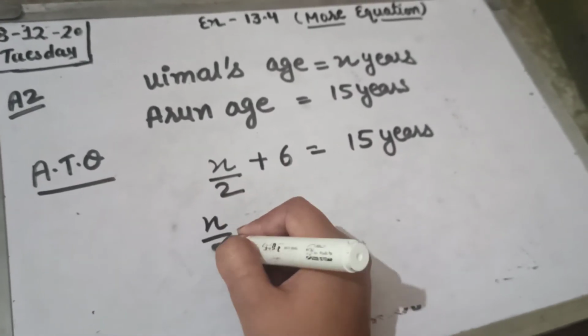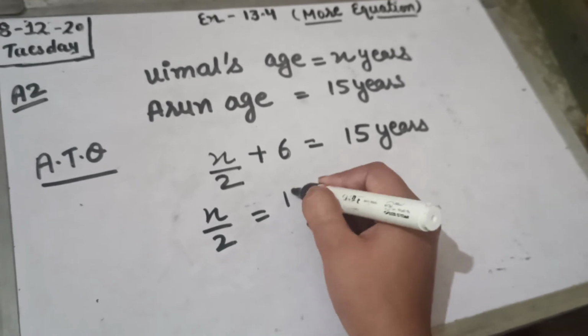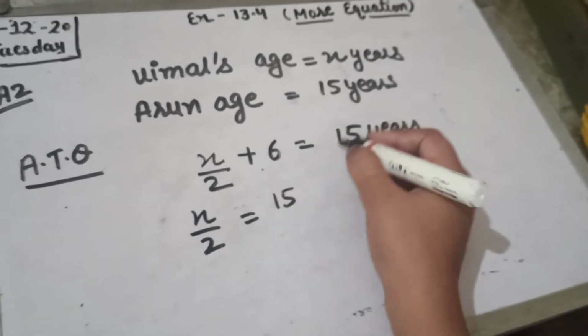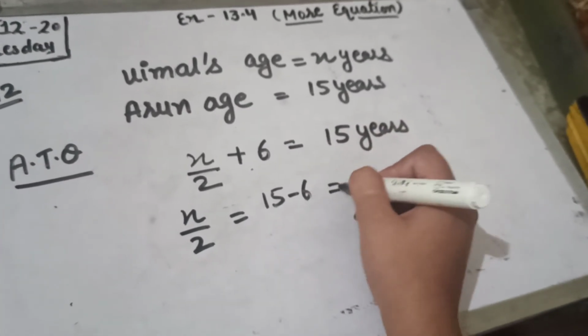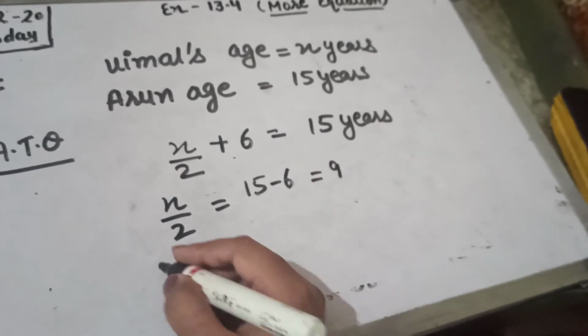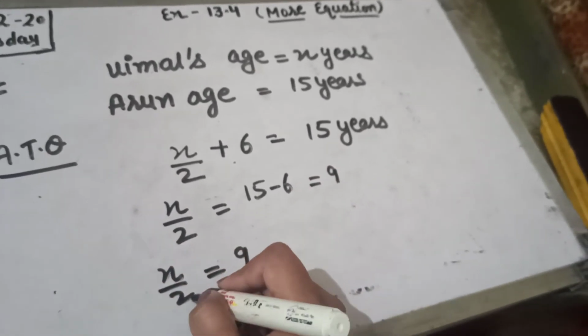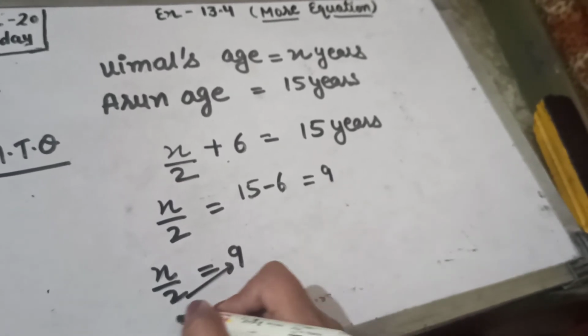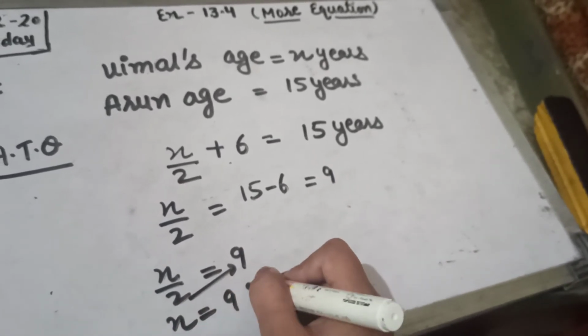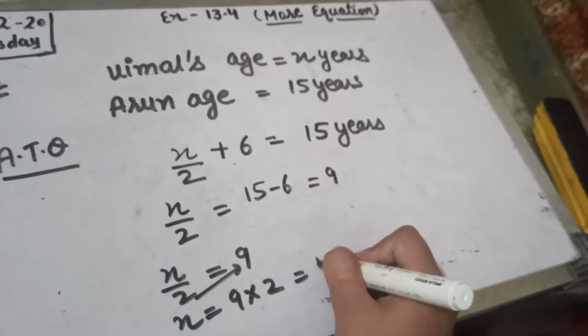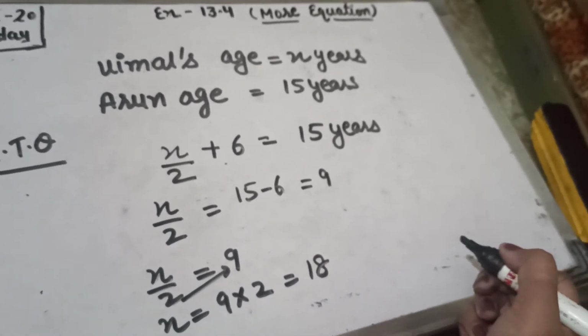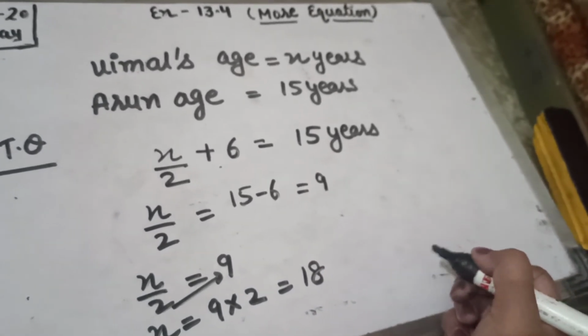सो x बाई 2, दिस 6 प्लस में है, कम्स टू दिस साइड माइनस, एंड 15 माइनस 6 is 9. x बाई 2 इक्वल्स टू 9, this 2 will go this side. x equals to 9 multiply 2, which is 18. Right? Clear?